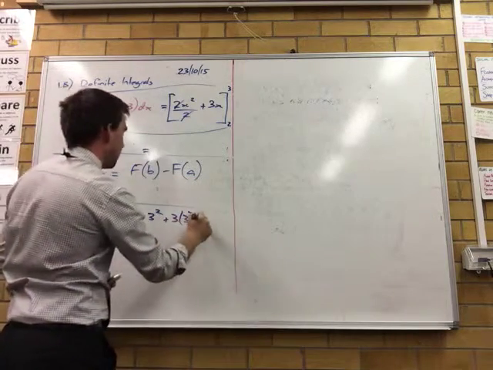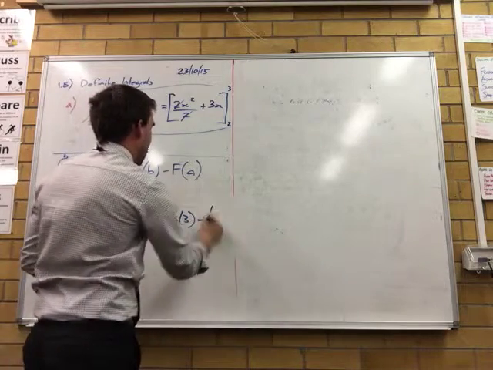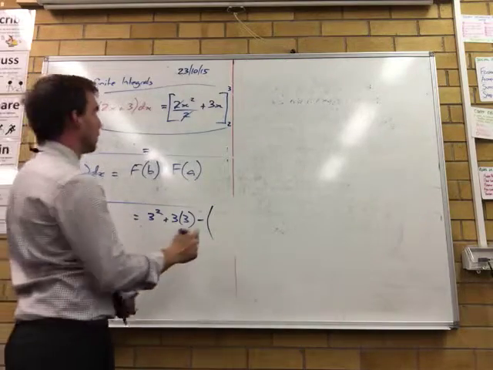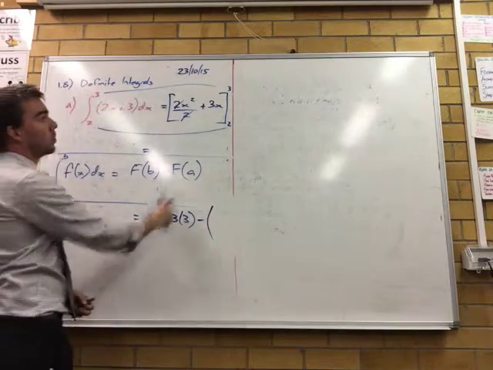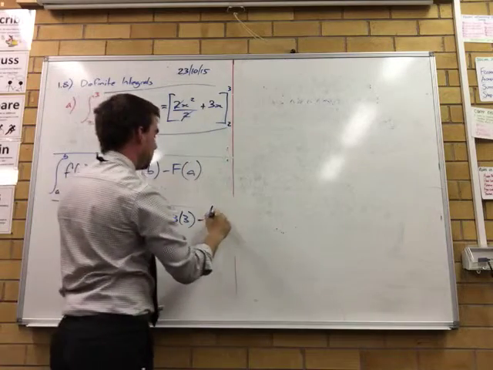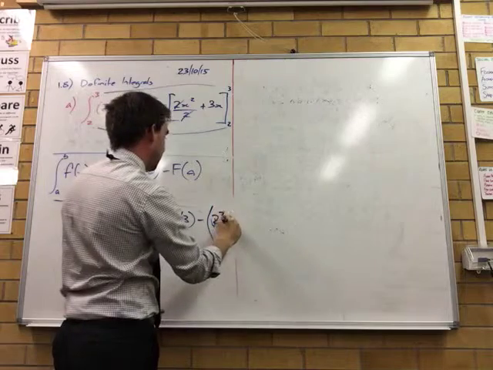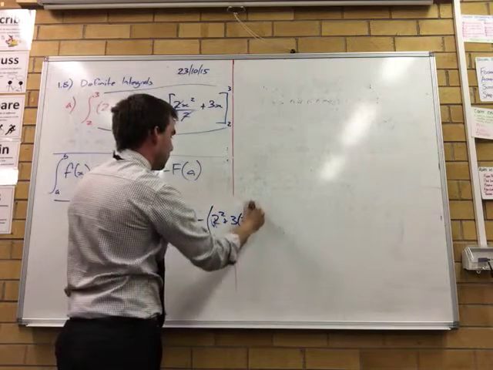You need brackets here because you've got more than one term and you're taking away an entire term. Now replace x with 2, so it becomes 2 squared plus 3 lots of 2.